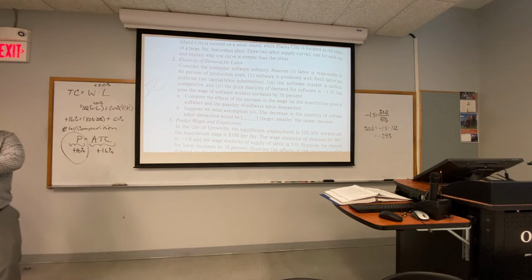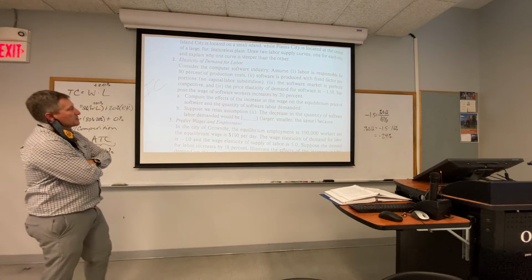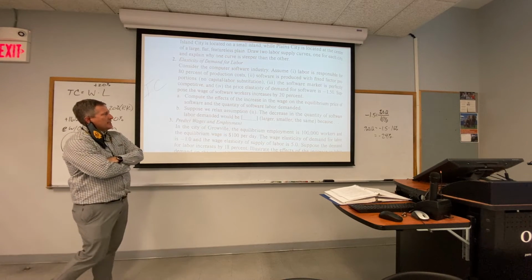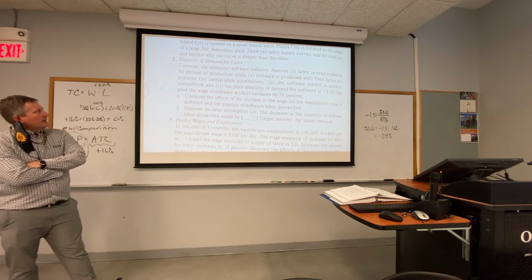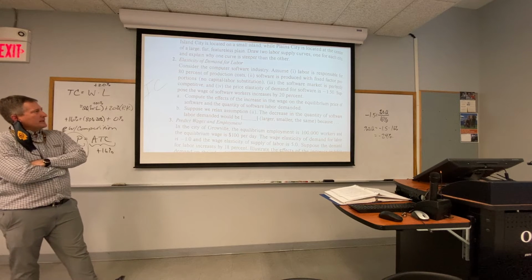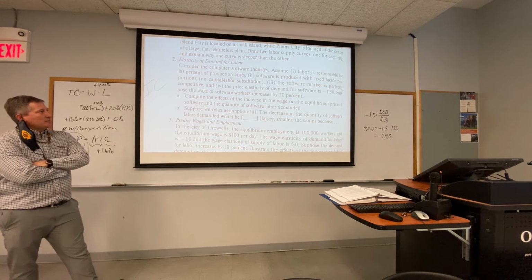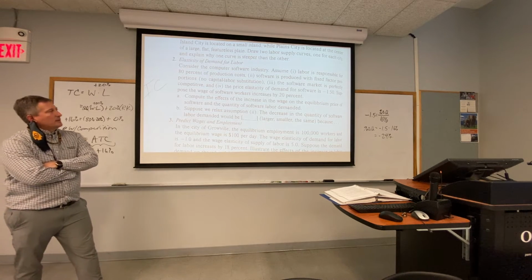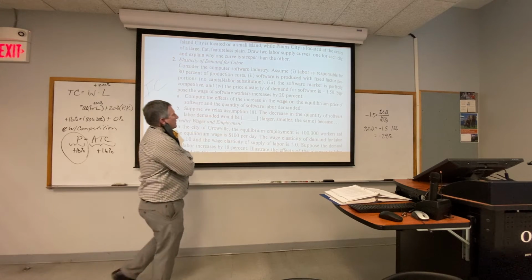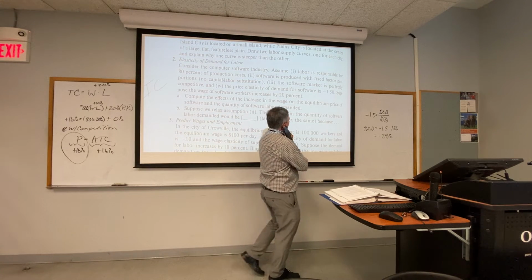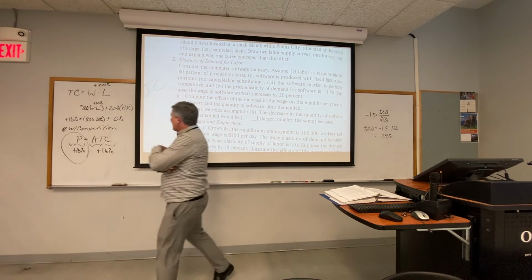Suppose we relax assumption 2, which was the fixed proportions. The decrease in the quantity of software labor demanded would be larger or smaller? The decrease in the quantity of labor demanded.